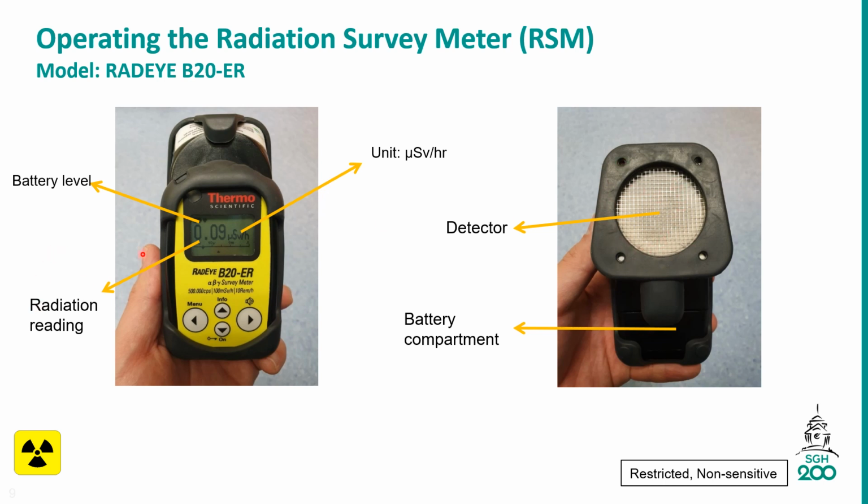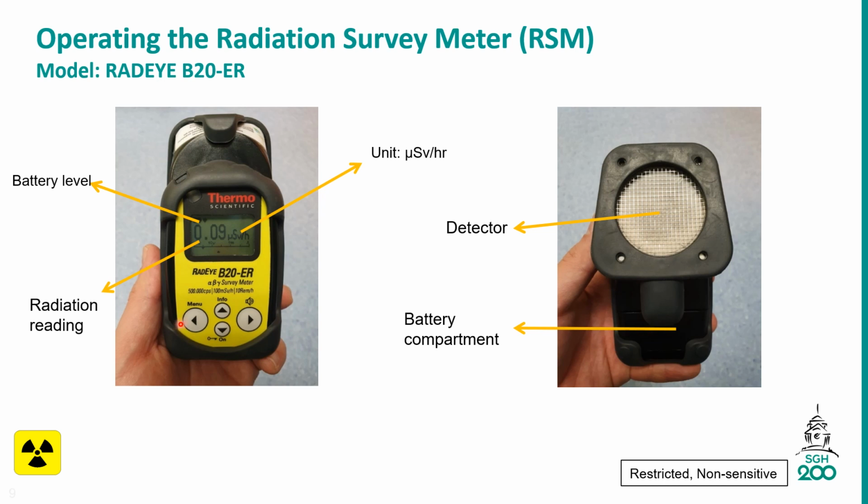Generally, this sort of survey meter can be contaminated if it touches contaminated radioactivity. So what we do is we put this into a Ziploc or a plastic bag and seal it with Scotch tape so as not to contaminate this survey meter, because in the event that the plastic bag or Ziploc bag gets contaminated, you can just replace it, right?